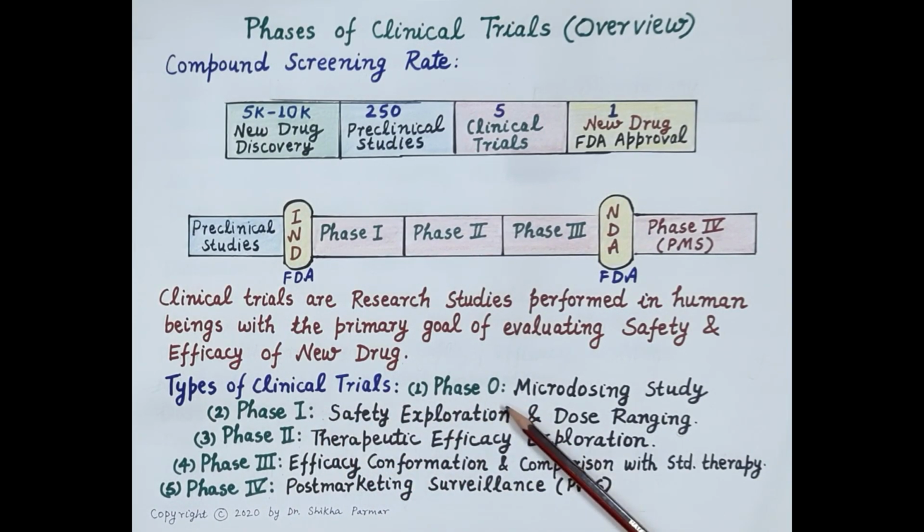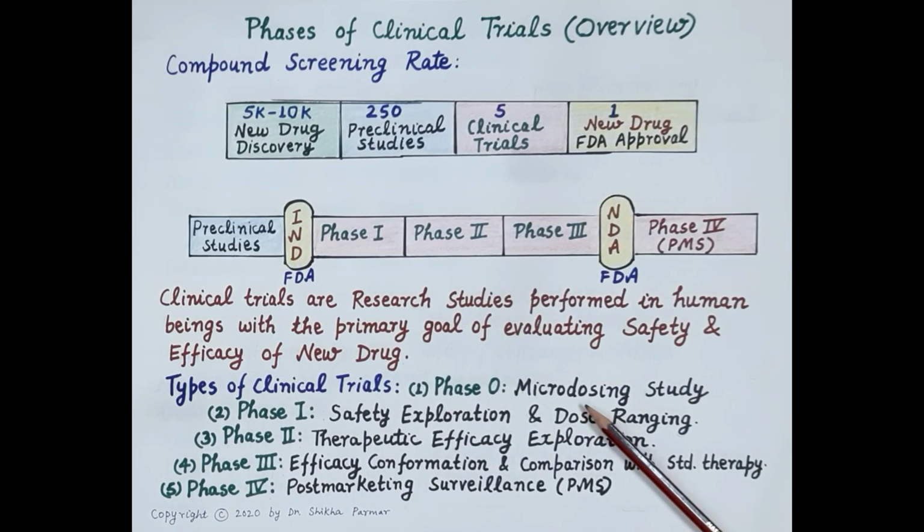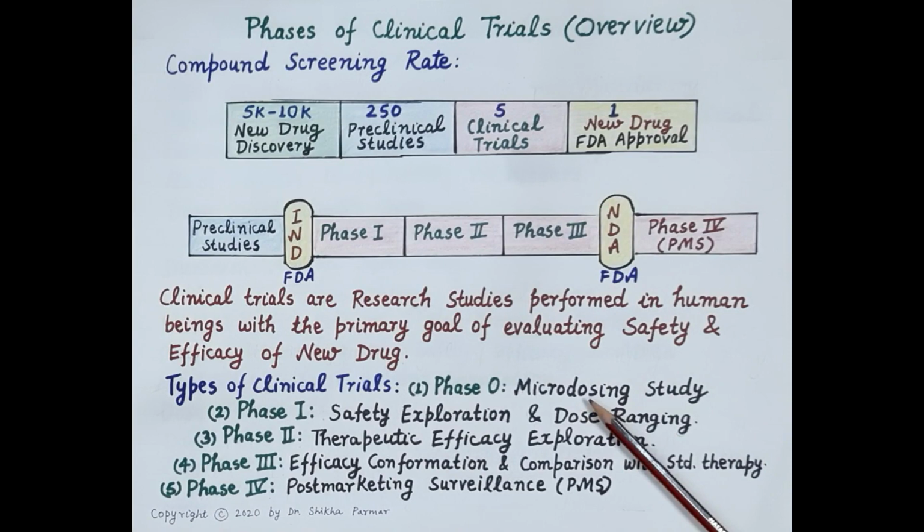Now, phase 0 clinical trials are also called microdosing study. In these trials, microdoses, around 1% of the estimated dose of the drug, are administered to the human volunteers and pharmacokinetics of the drug is evaluated.